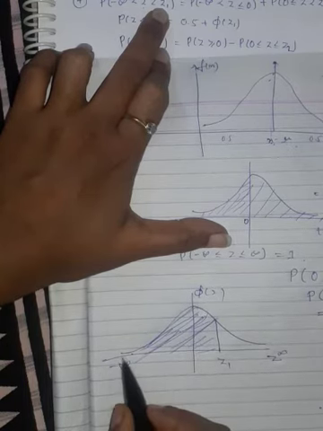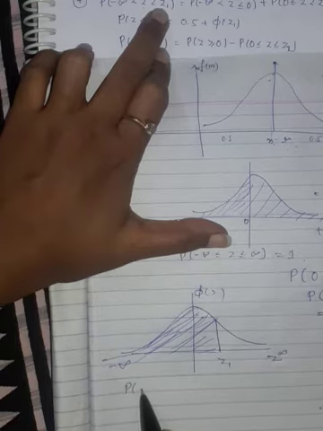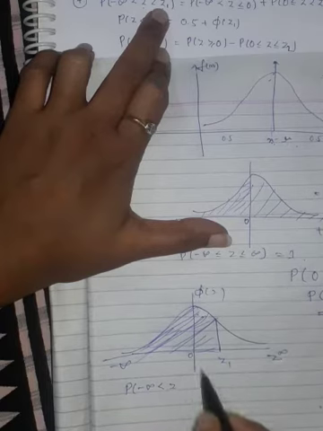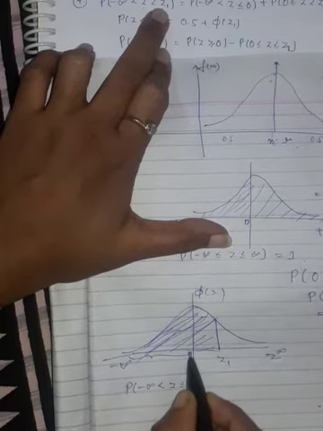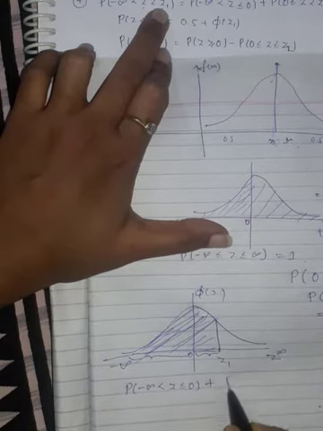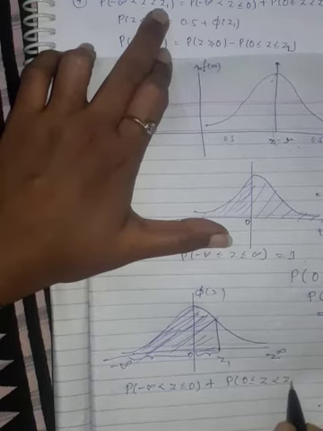So this can be written as probability when minus infinity is less than z up to here 0, means up to this area, plus this area, that is probability when 0 is less than or equal to z, which is less than z1.